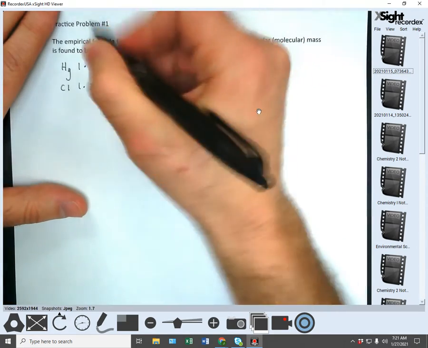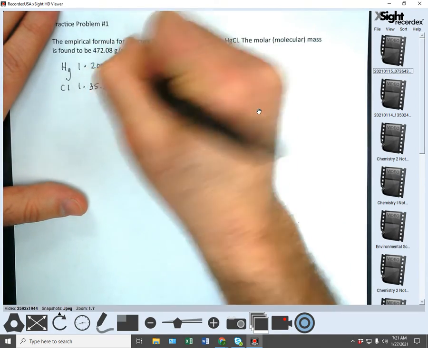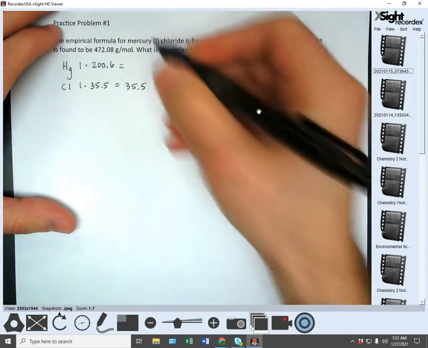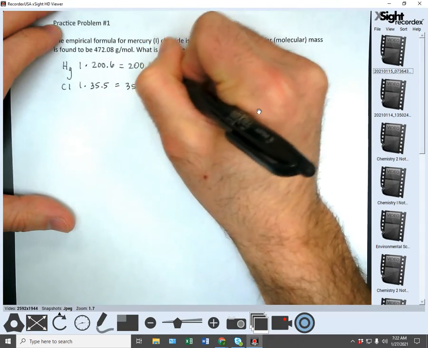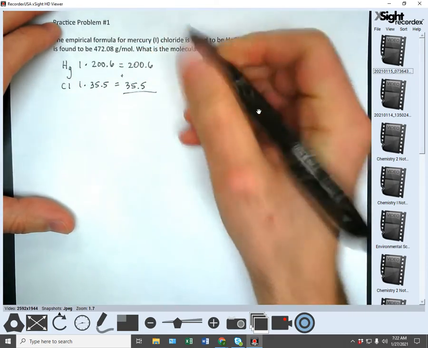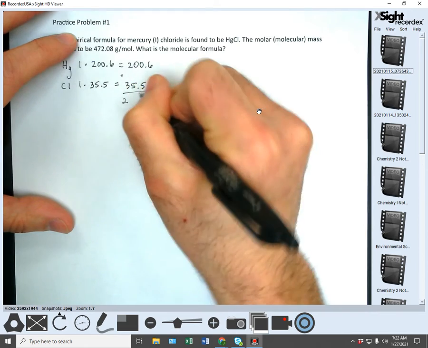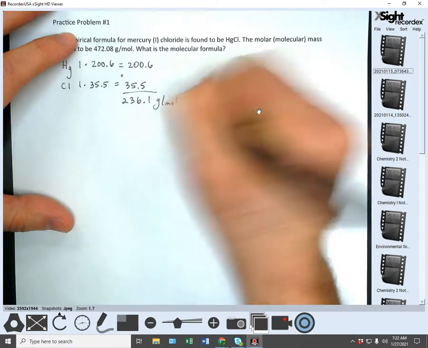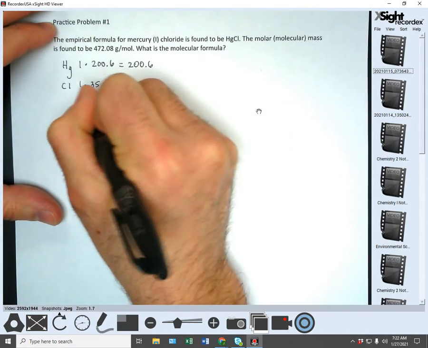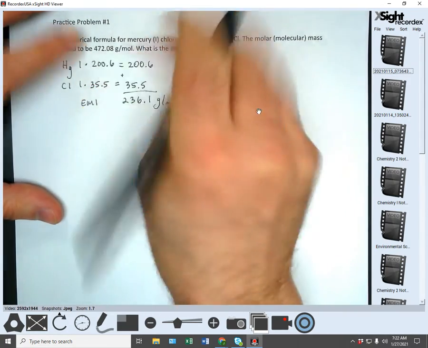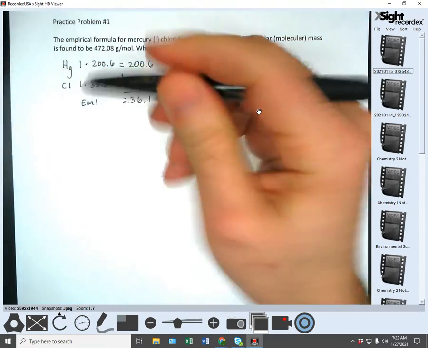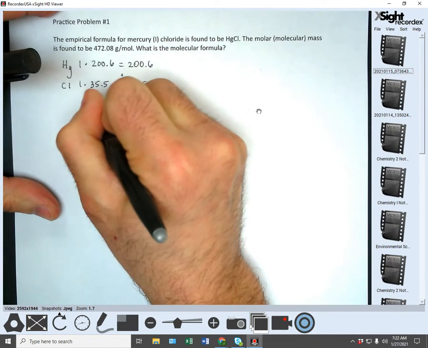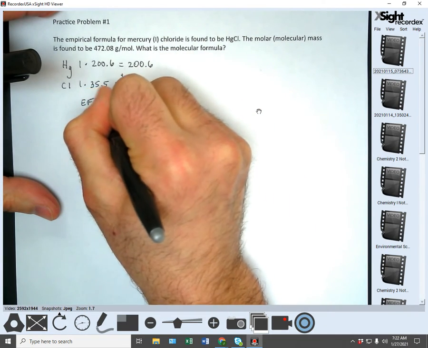Remember, we're taking all of our masses off the periodic table to 1 decimal. So it's 200.6. Add them together. We get 236.1. This is the empirical formula mass.